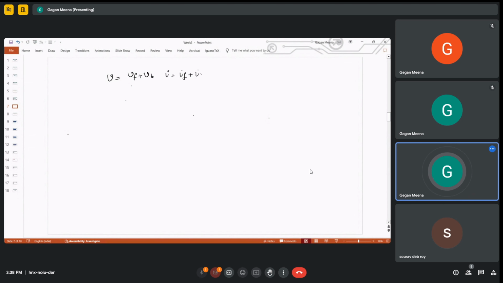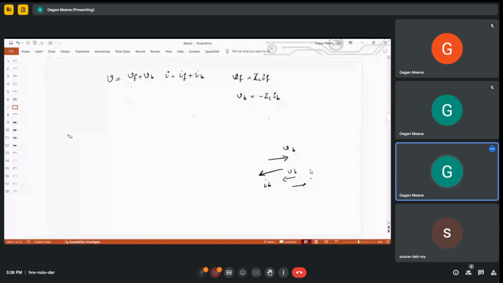I forward plus I backward, where V forward is equal to ZC, the characteristic impedance, times I forward, and V backward is equal to ZC times the current moving back. If VB is like this, then the current will be in the opposite direction.